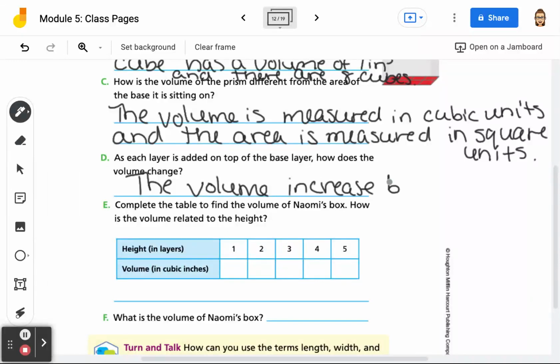So if we fill in this table, 1 layer, there's 8. 2 layers, there's 16. Then 24, 32, 40. How is the volume related to the height? Well, the volume is 8 times as great as the height.